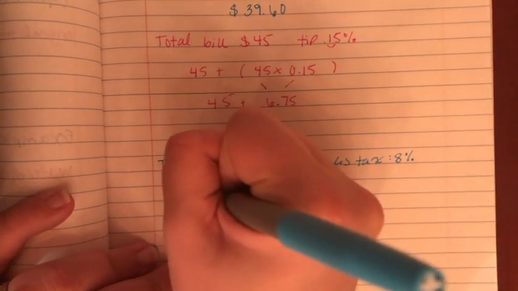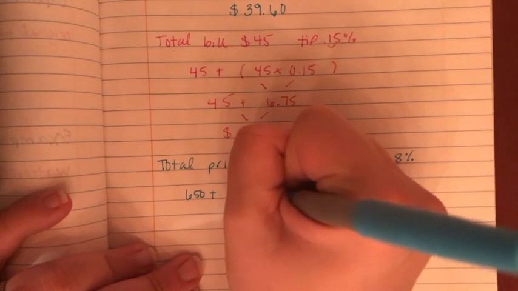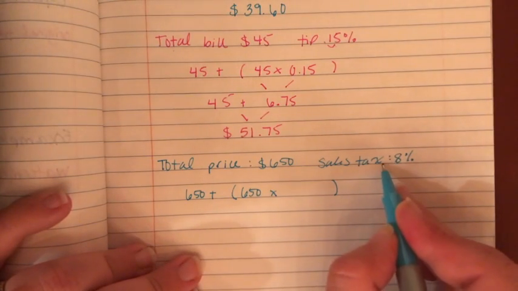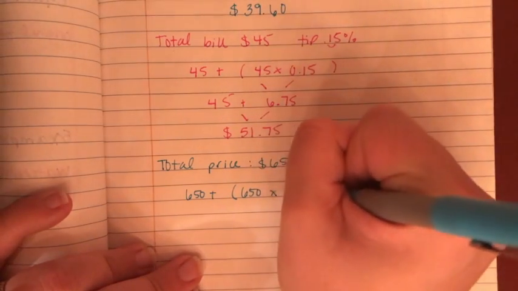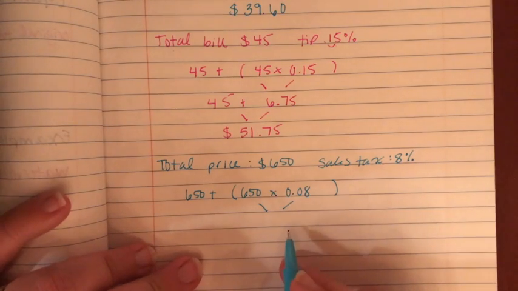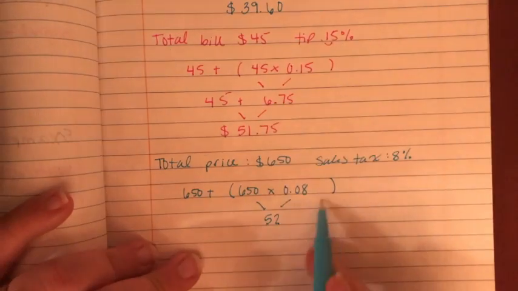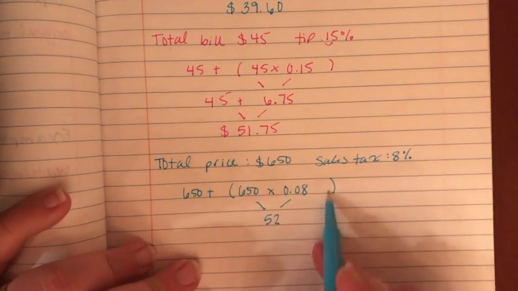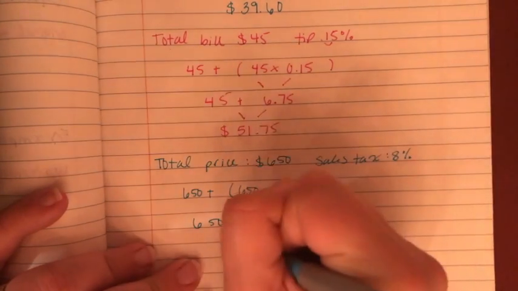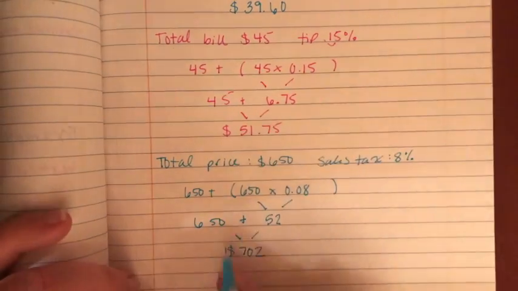So I have my original total plus whatever I get as my sales tax. 650 times 8% as a decimal: my decimal moves in twice, 0.08. Now I multiply, and again, you can use a calculator. I get $52. This is what I'm paying in sales tax. Now I need to add it to my original, and I get $702 as my new total.